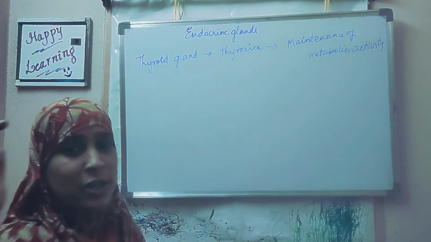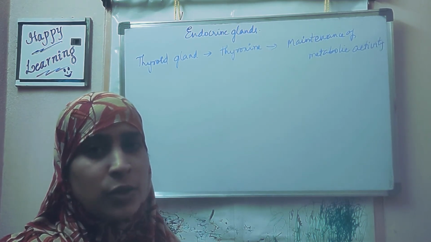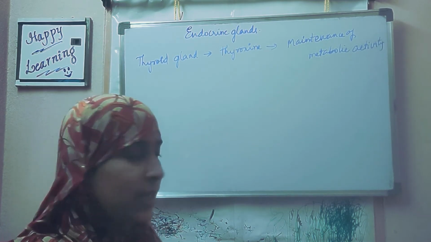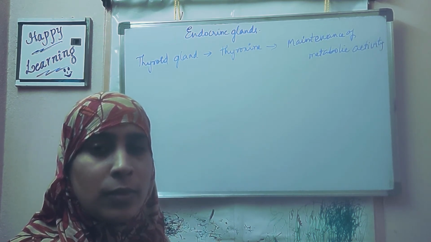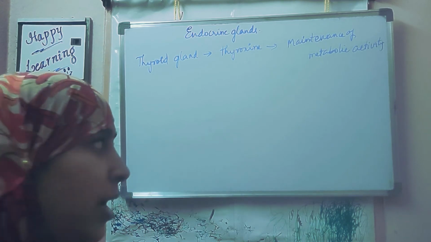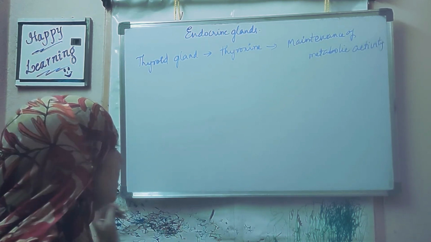That means if metabolic activities occur, only then growth of the organisms occurs. So growth is indirectly dependent on the thyroid gland of the organism.